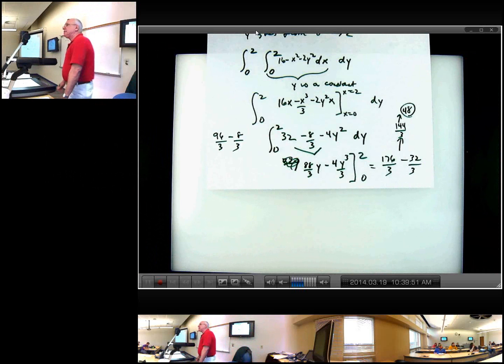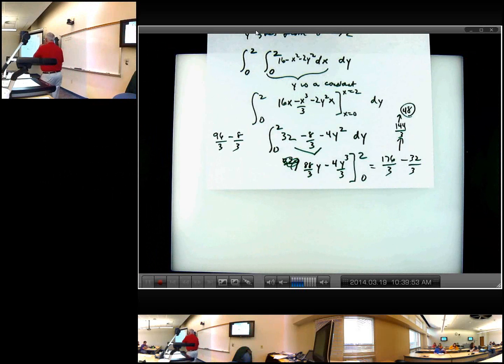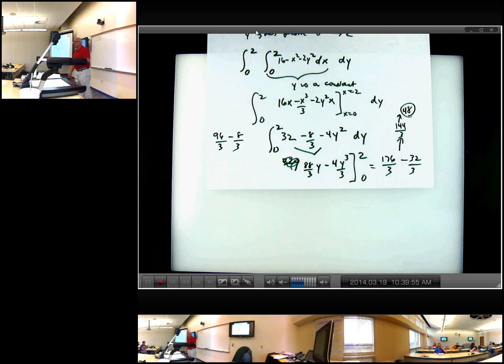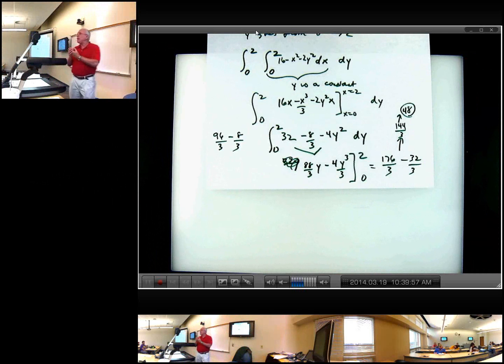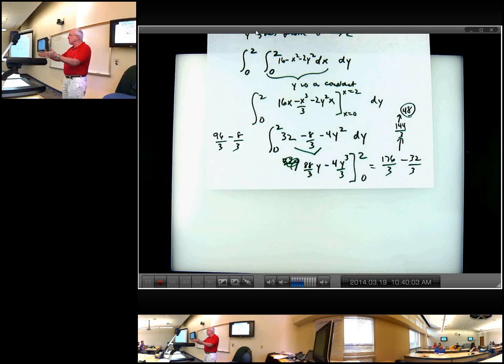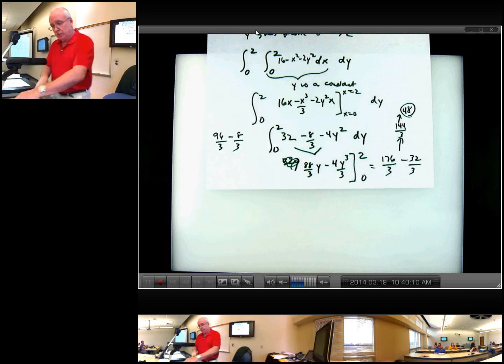Now there's one last thing in this section and then we'll take a break. Sometimes f of x,y can be separated into a function strictly of x times a function strictly of y. It can happen, all right?